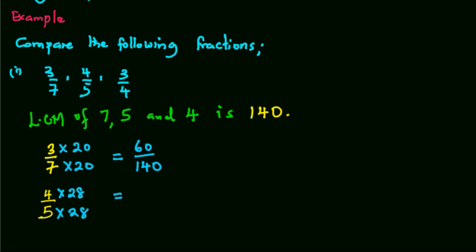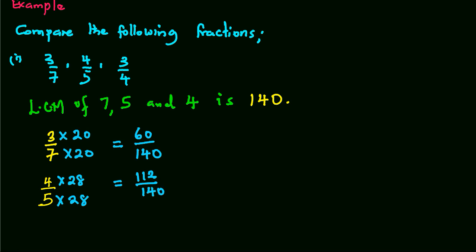So this would give 112 over 140. And finally, we have 3 over 4. So times 35 times 35. So this gives us 105 over 140.